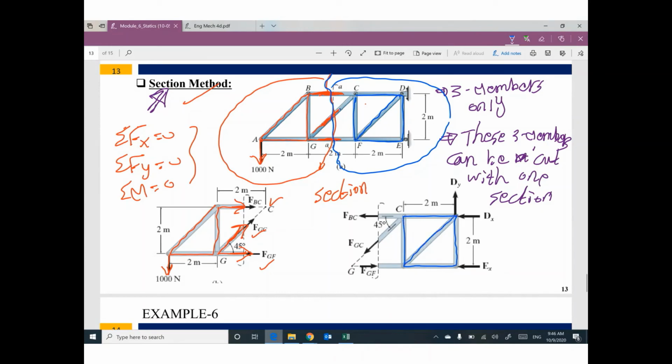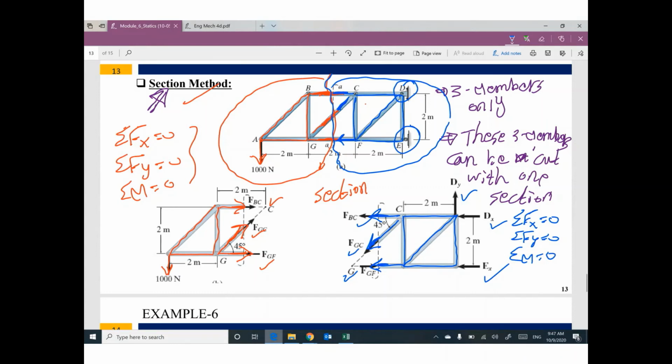We have a reaction here, we have a reaction here. Put your reactions. I cut this member and this member, so I have a force here, I have a force here. I cut this member, so I have a force here. Go ahead and apply summation of F_x equals 0, summation of F_y equals 0, summation of moment at any point equals 0. I can figure them out.